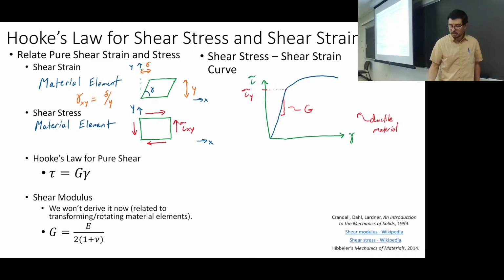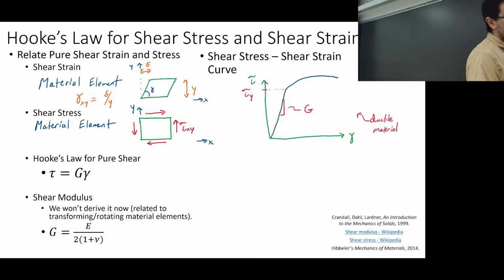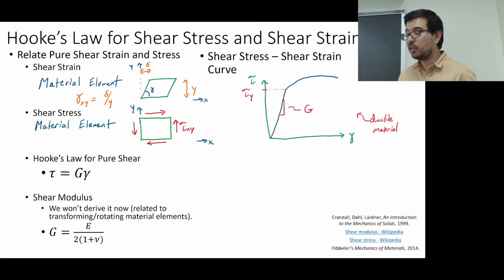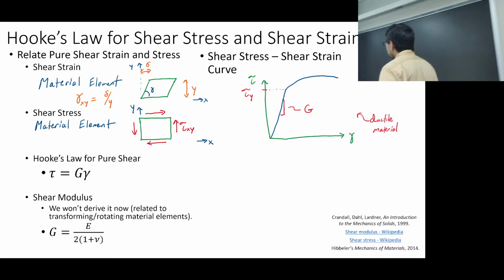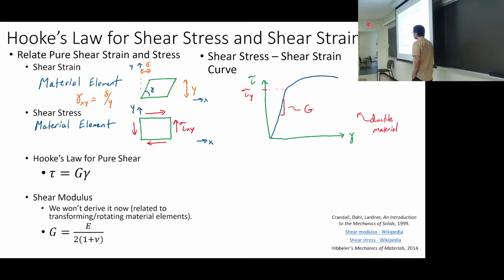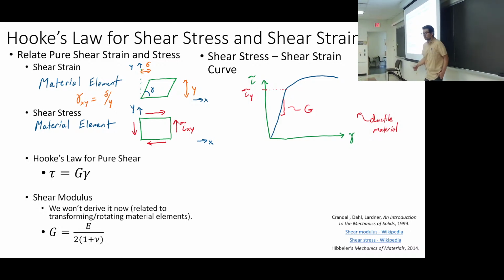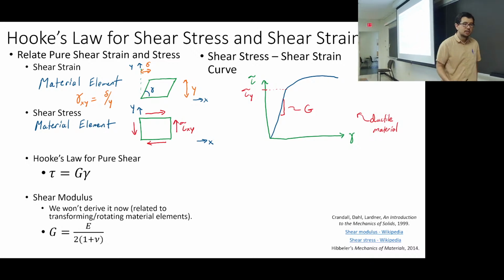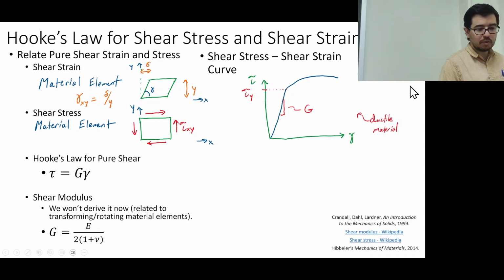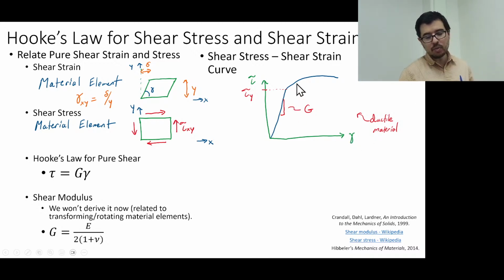Just like we plotted stress-strain plots with sigma versus epsilon, you can plot shear stress versus shear strain, which is what you have here. And if you have a ductile material, then it's going to come over a little bit further.